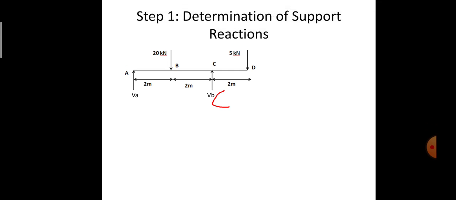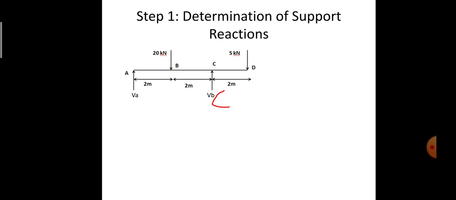We have two supports here, the first one is A and the second one is C. To determine the support reactions, we make use of the equilibrium conditions. Basically there are three equilibrium conditions, that is sigma H, V and M. The first is that the summation of all horizontal forces is equal to 0. You can observe there are no horizontal forces, so the first equilibrium condition is automatically satisfied.